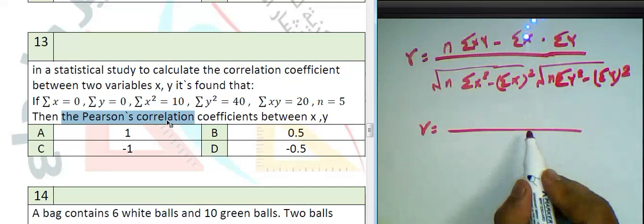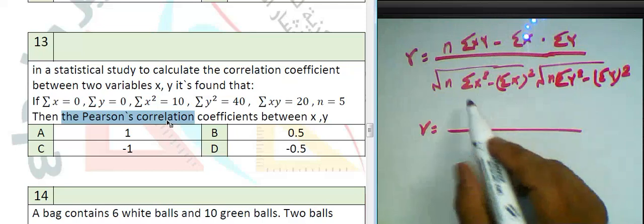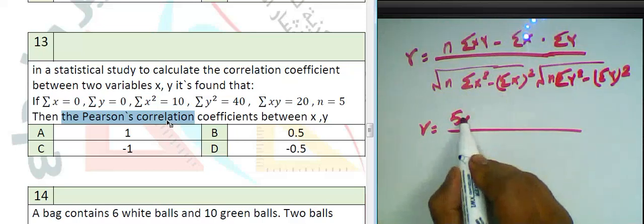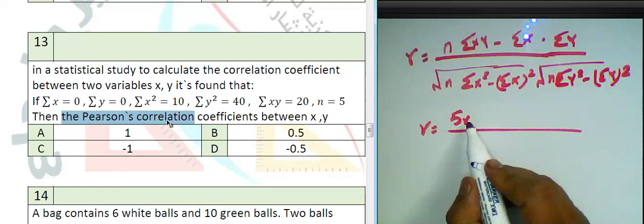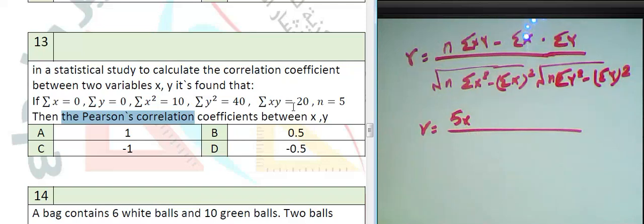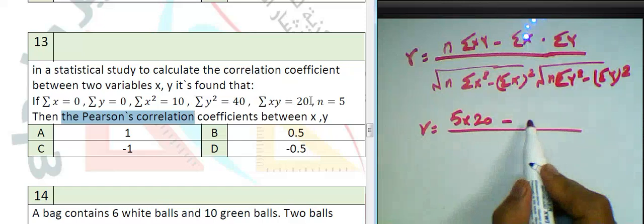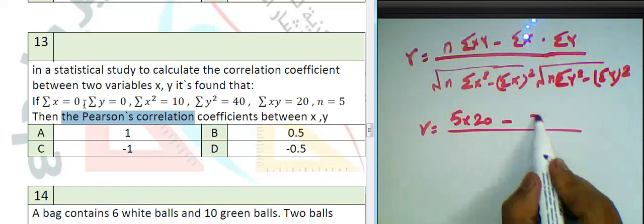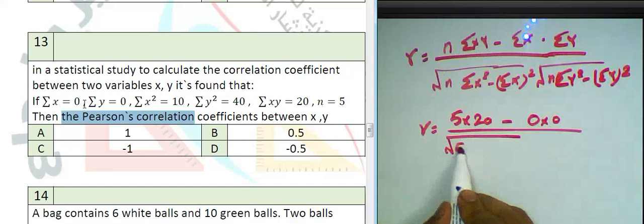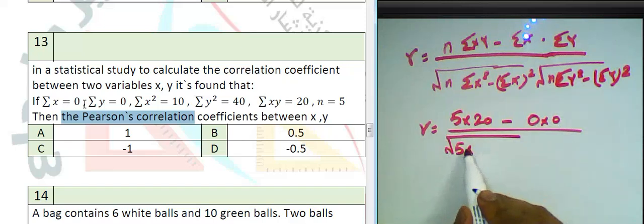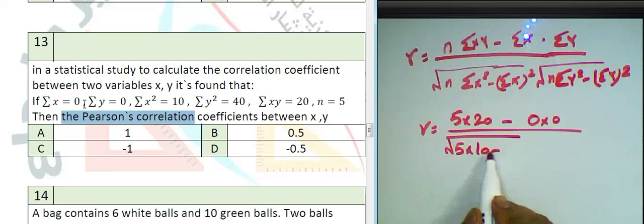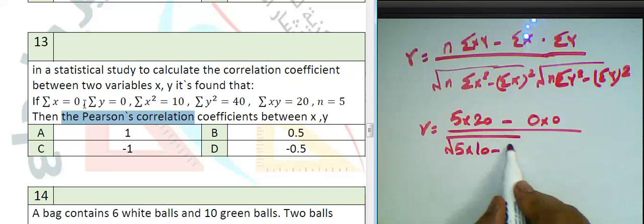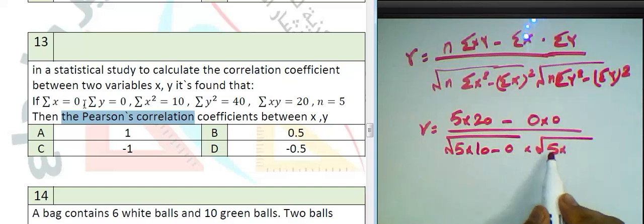Here n is 5, multiplied by summation x times y, which is 20, subtract summation x, 0, times summation y, 0, over the square root of 5 multiplied by summation x power 2, 10, subtract summation x all power 2, which is 0, multiplied by 5 multiplied by summation y power 2, which equals 40.